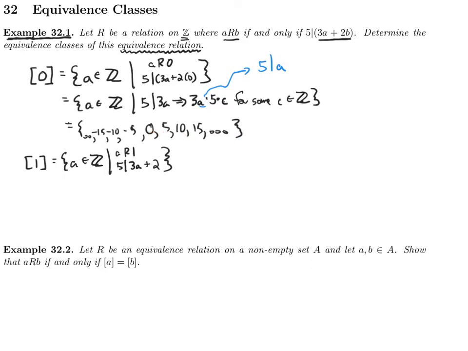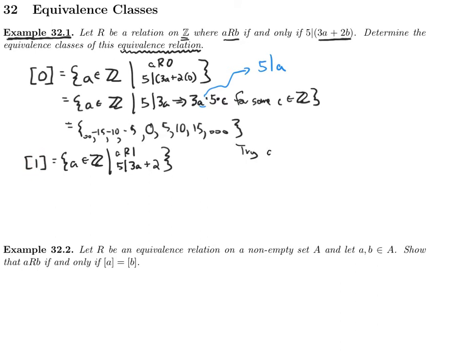So there's a chance, because we're talking about dividing by 5 or finding a factor of 5, that that's what's happening. So it's depending on the remainder when you divide by 5. That's going to be the equivalence class. So let's work it out. When you divide 1 by 5, you get 0, remainder 1.